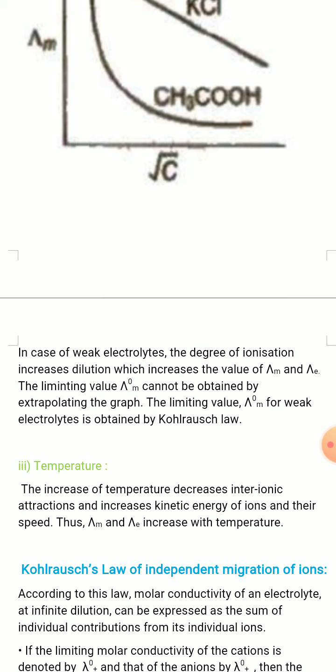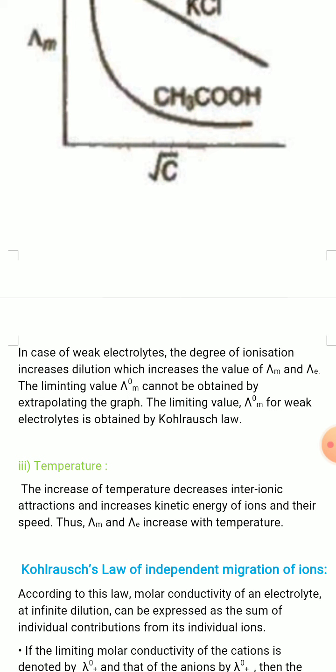For a weak electrolyte, the degree of ionization increases with dilution, which increases the value of equivalent conductivity and molar conductivity.